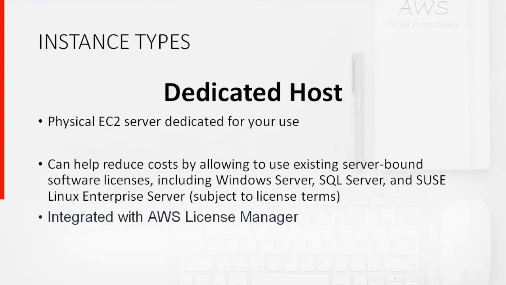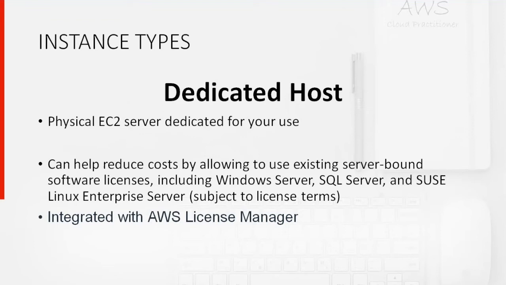Instance types. Dedicated Host. A physical EC2 server dedicated for your use. Can help reduce costs by allowing you to use existing server-bound software licenses, including Windows Server, SQL Server, and SUSE Linux Enterprise Server, subject to license terms.